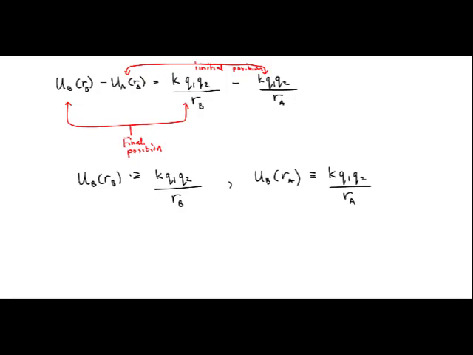Notice the form at either point is the same. Since the form is the same, let's go ahead and define the electric potential energy as being equal to the Coulomb constant times the product of the charges divided by the separation distance between the two charges. We're going to take this to be our operating definition.